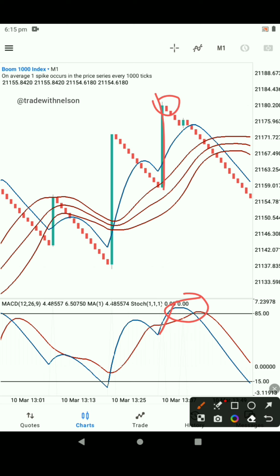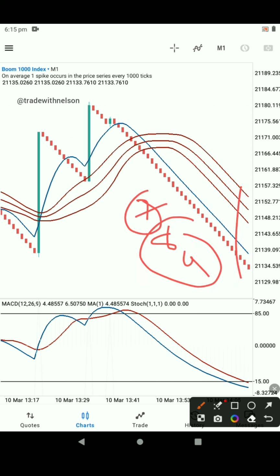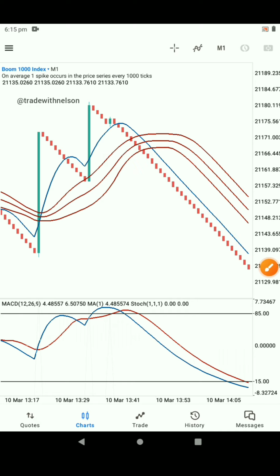We have a spike to the upside, and we wait patiently for the blue to cross the red. You enter a sell and count your 5 candles. You see our market delivers 10 also around this point. The reason why I stick to 5 is that 5 is more profitable than catching 10. Sometimes the market will generate 8 or 9 and then spike to the upside, taking you into a drawdown.